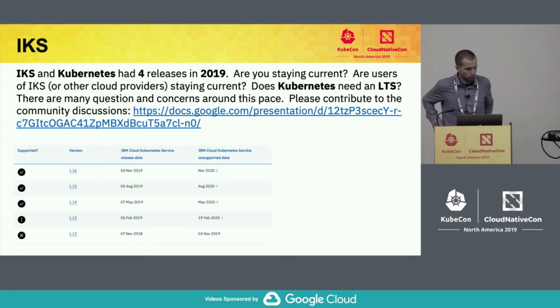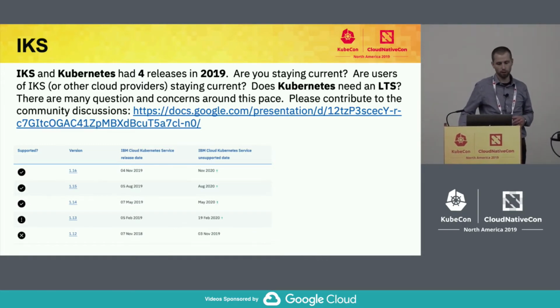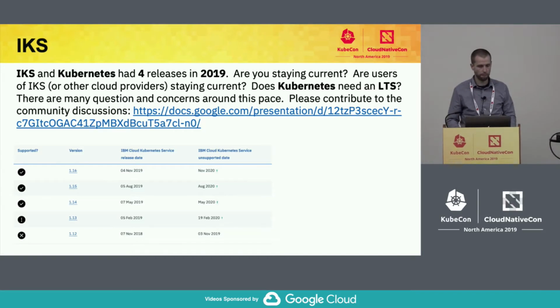So a lot of good questions there. And you'll find that there are some building blocks the community needs to establish before they could consider even a long-term support. So if you have interest as a user or operator of your cluster, please watch that discussion and contribute if you believe you could help out in those discussions.